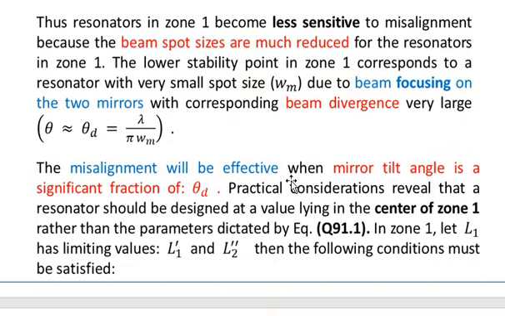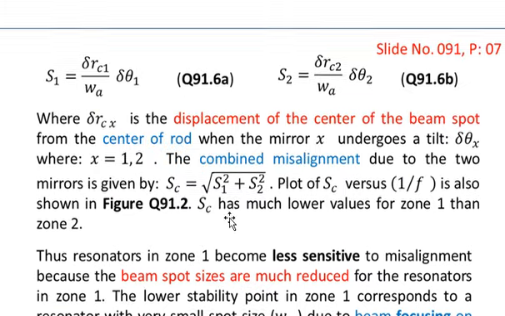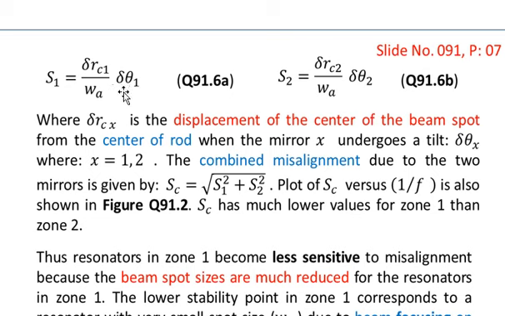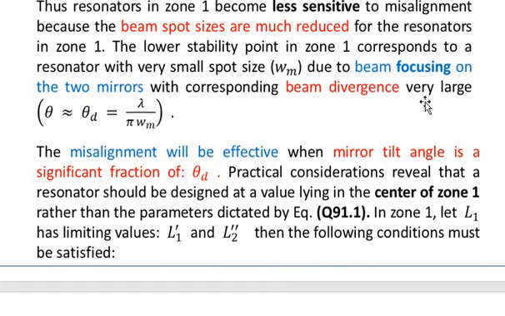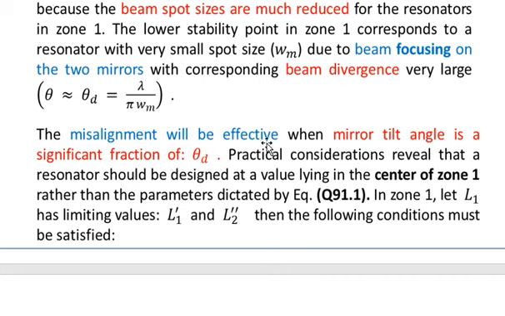And you see that the mirror tilt angles are given as delta theta 1 and delta theta 2 in equations 6a and 6b respectively.